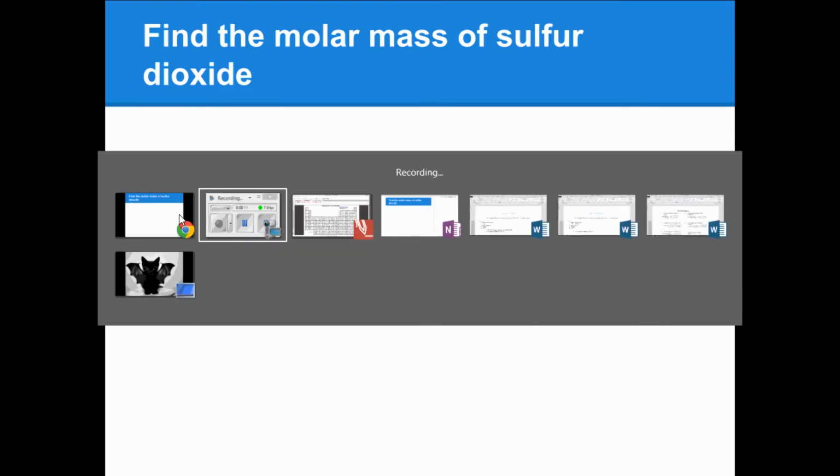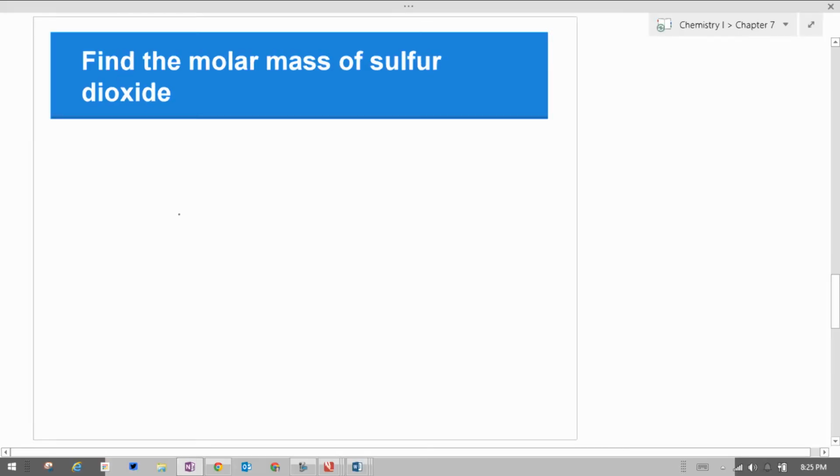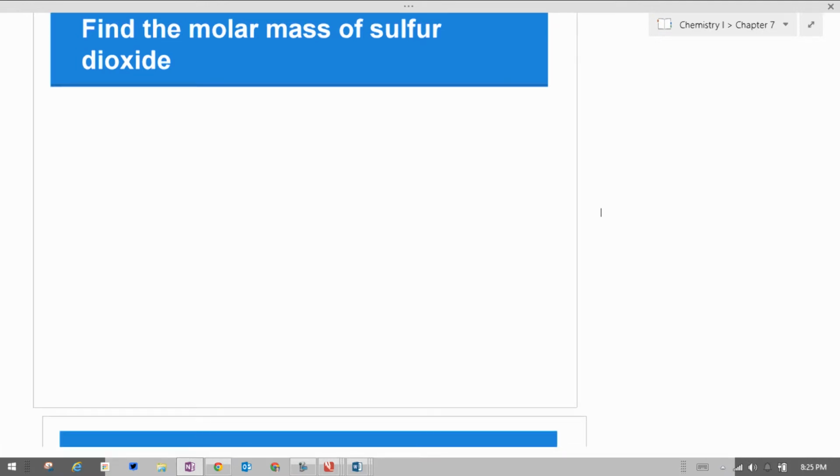Okay, I'm going to switch over here to my OneNote so I can write it down. The first thing that we have to do is write down what is sulfur dioxide. What is the actual chemical formula for that? Well, to figure that out, I'm just going to use the rules that we learned all last week.